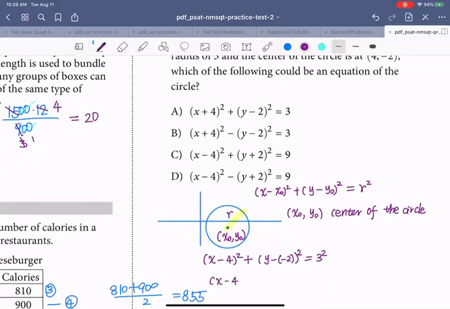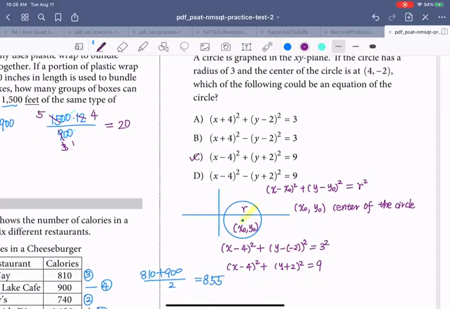So this gives you x minus 4 squared plus y plus 2 squared equals 9. Then you can check which one is the same. C. Okay. Good. That's it.